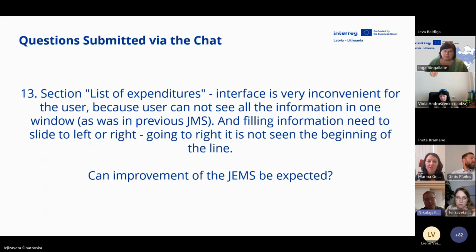When preparing for this seminar and testing the system ourselves, we also noticed that it's not really comfortable to fill in. Unfortunately, the GEMS developers informed us that it's not possible to change it and it will remain as it is now.